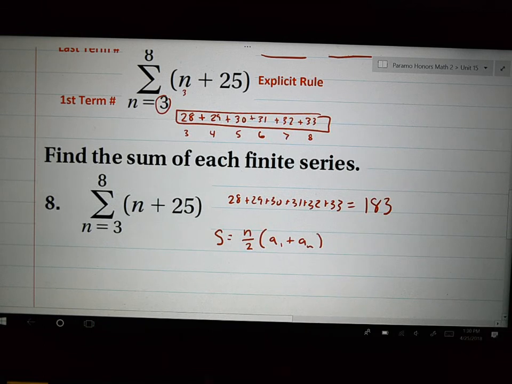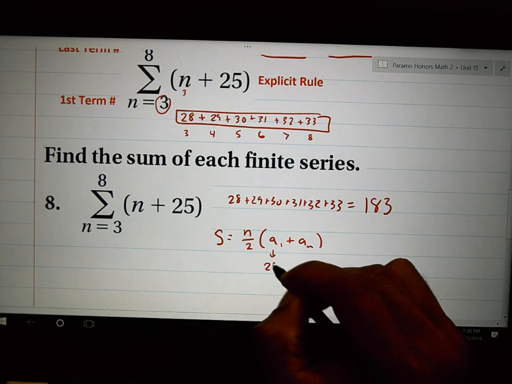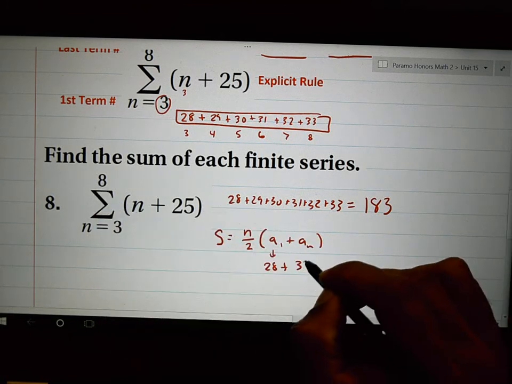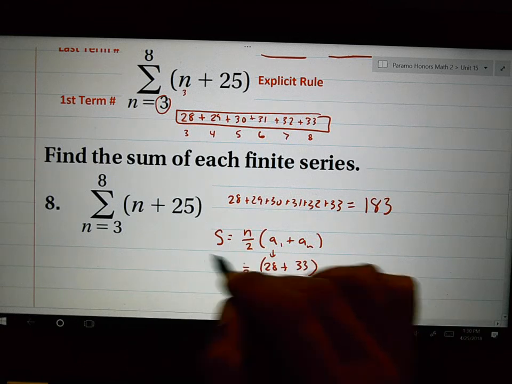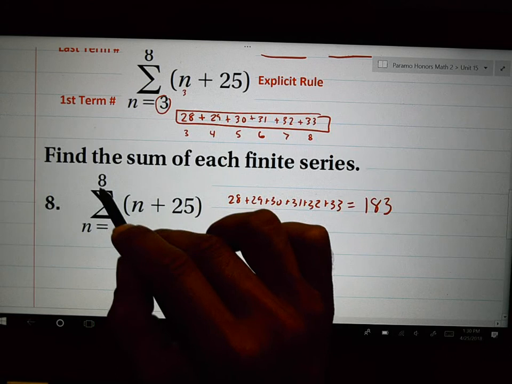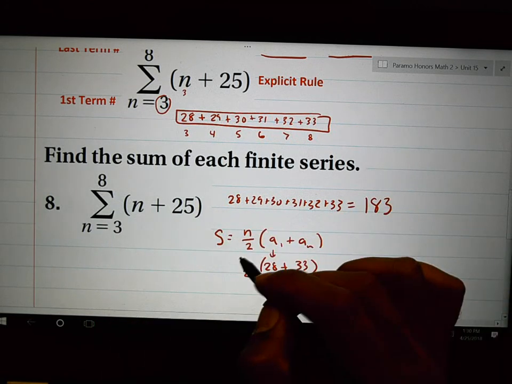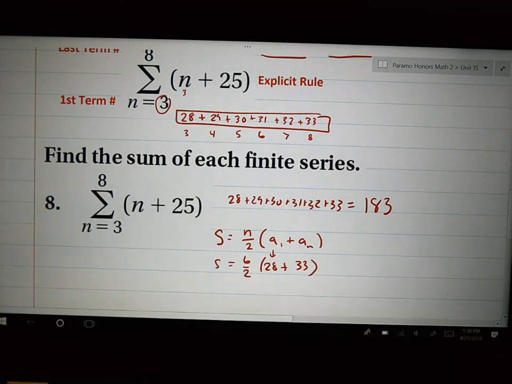So I could plug in the first and figure out that that's 28. I could plug in the 8 to find the last. And how many term numbers there are. What did we say that there were? 8. Take away 3 is 5, but we have to add one more, which is going to make it 6 for our term numbers. Let's see if this is the same value.